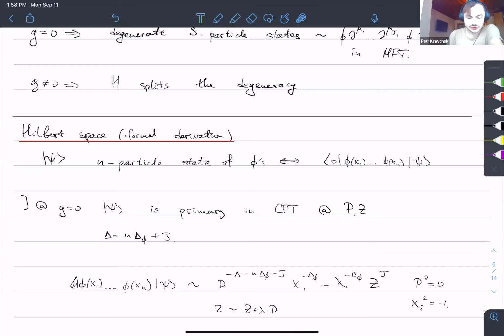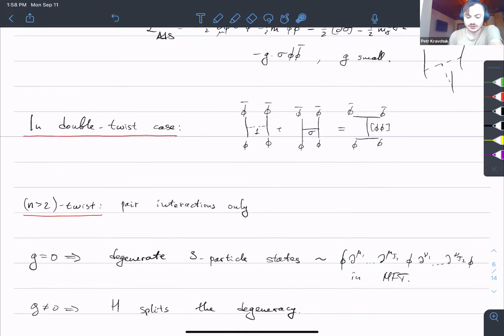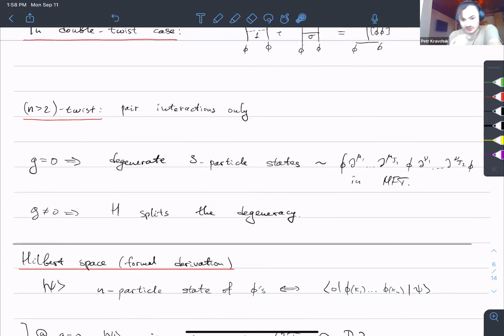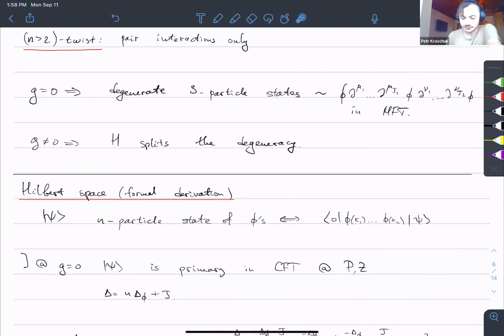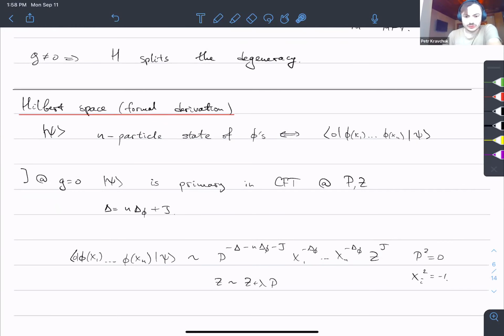So the first thing to discuss here is how do you describe states, the n particle states. There are 2 approaches that I want to mention. One approach is very formal, and this is just getting the answer mathematically.